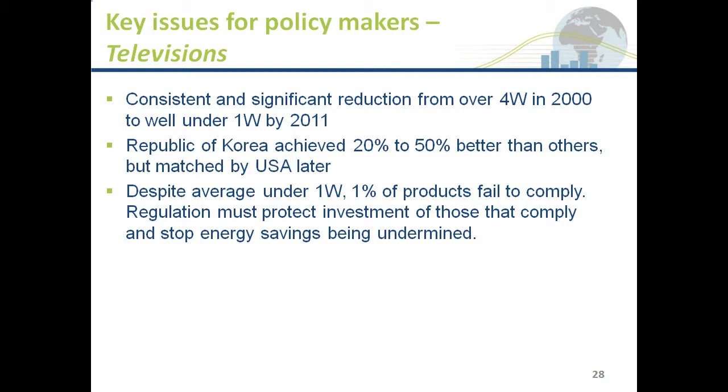And it's worth pointing out that despite the average being under 1 watt, the datasets did show of the order of 1% of products failing to comply with the local regulations. And it's important that those regulations are enforced to protect the investment made by the companies that produce the products that comply. And indeed, on televisions and several of the other product groups, there has to be policy focus to prevent energy savings being undermined by products that fail to meet the requirement.